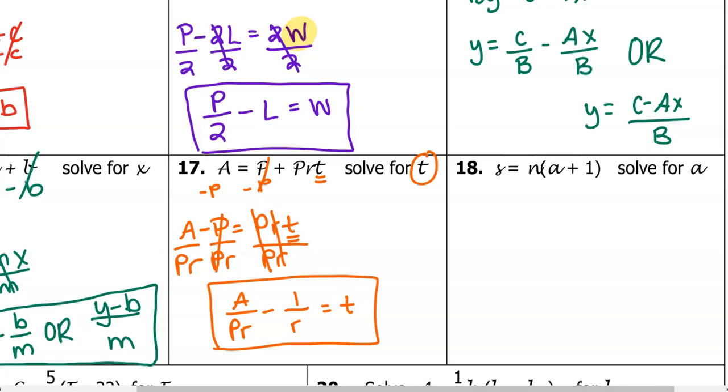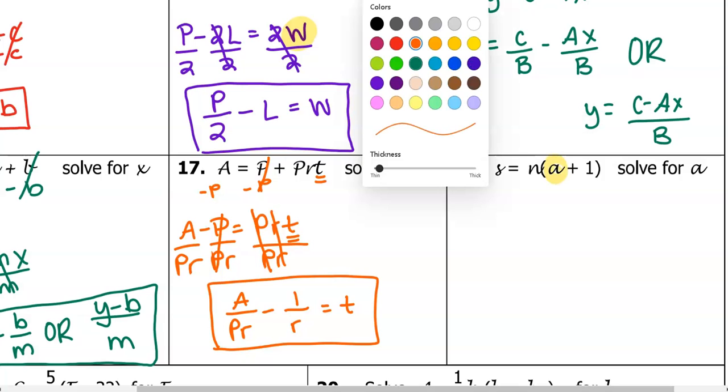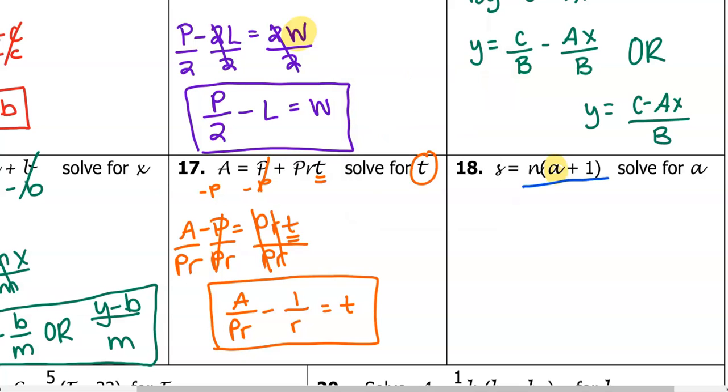We want a by itself. There it is. So we do need to get rid of that n, and we're going to do it by dividing by n. Does that make sense? Because now, look, it's just gone. If you were to distribute, you're adding more n's to it, and that's not going to help me. Okay, so divide n to the other side. That's an s.